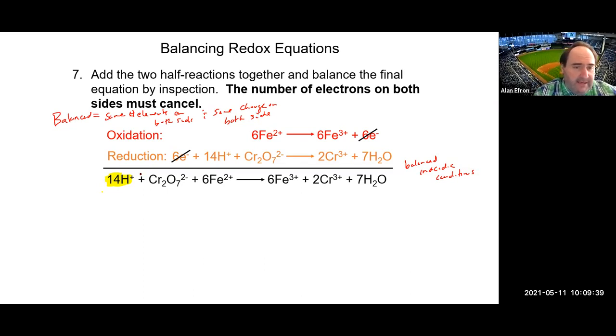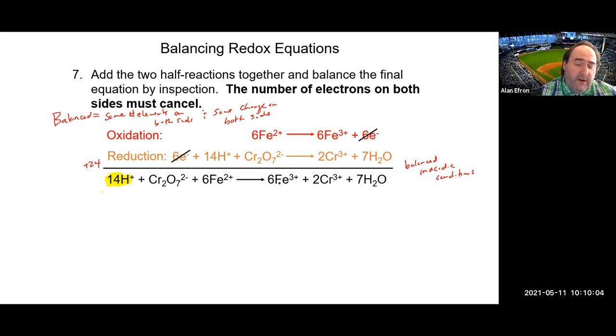So if I do some adding here, I get a plus 14 for the H pluses. I have a plus 12. That's a lot of math, but we're going to go with plus 26 when I add that together. And a minus 2 here for the dichromate. So that's a grand total of plus 24 on the left-hand side in terms of the overall charge.